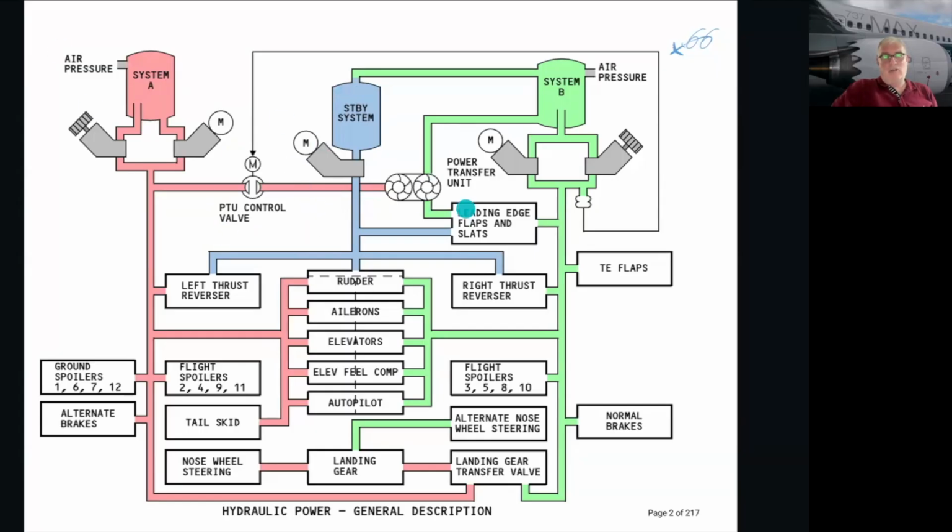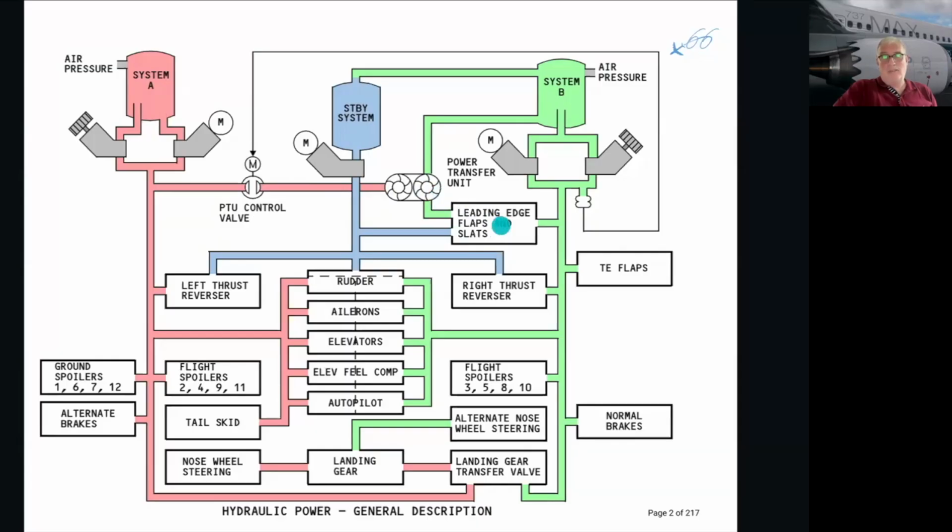I also have a power transfer unit. You'll see a lot of commonalities here, commonalities in name only. Those of you that have 320 training will have seen the power transfer unit in another concept. This one exclusively is one-way traffic from system A to system B for the leading edge flaps and slats.